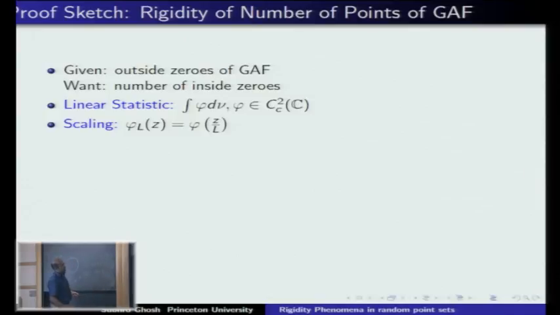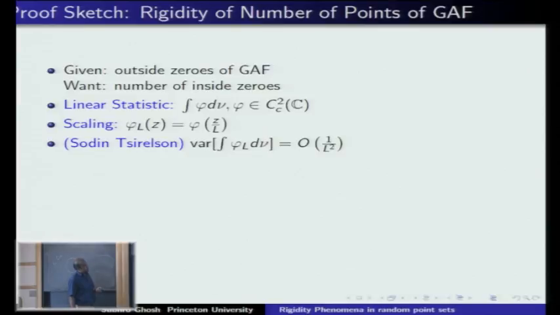Basically, if you start with a function like this, you are scaling and gradually making it very wide, somehow approximating the identity. There is a result of Forrester and Sodin, which says that the variance of the scaled linear statistic goes to 0 as L goes to infinity at this rate.